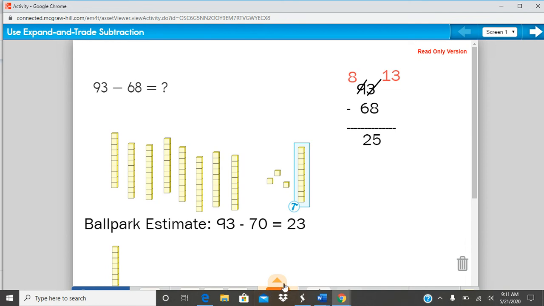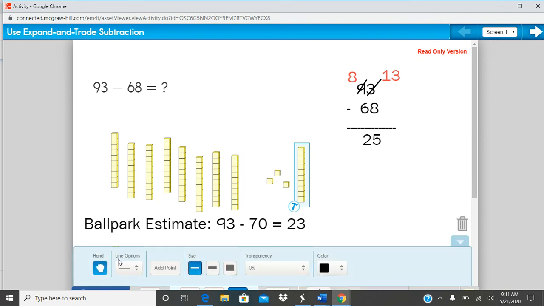So what I now need to do, now that I have 13 over here, is take away my 8. So I'm going to take away my, get our lines up here. There they are. So we're going to take away 1, 2, 3, 4, 5, 6, 7, 8.